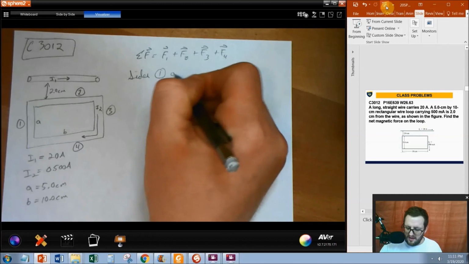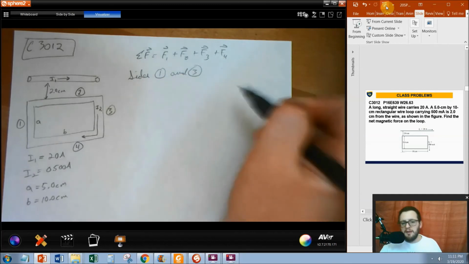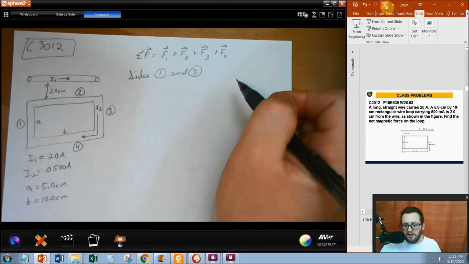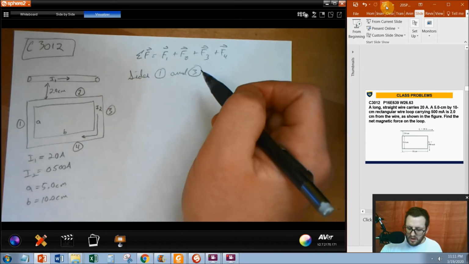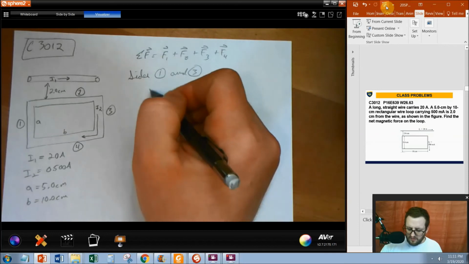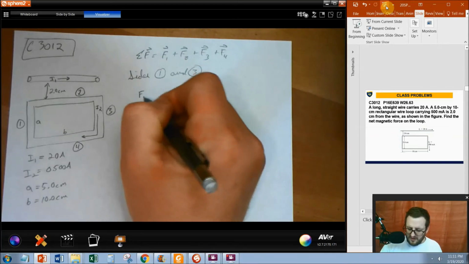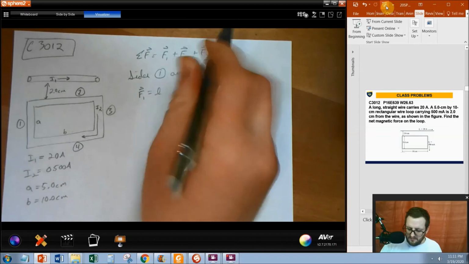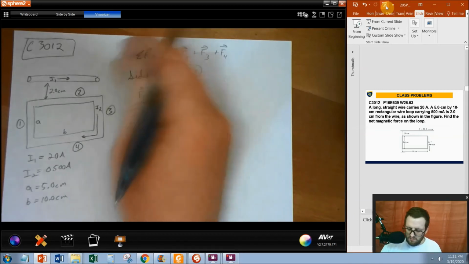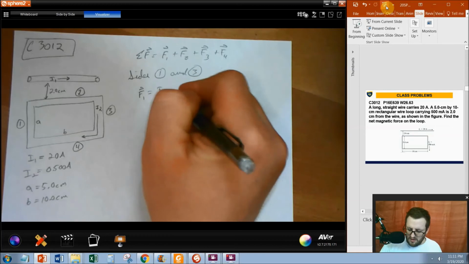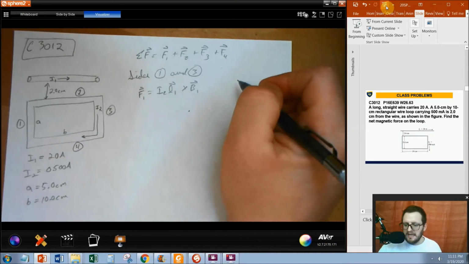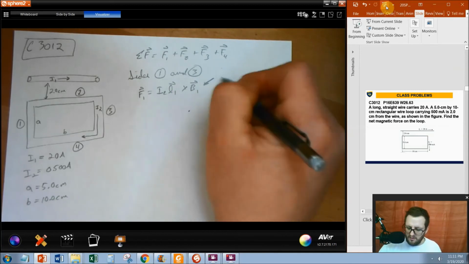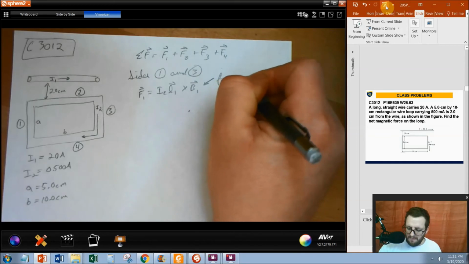So let's look at sides 1 and 3 first, because I have some knowledge going into this about those two sides. Let's look at side 1 first. The force on side 1 is I2 L1 cross B1, where I'm calling B1 the magnetic field from the straight wire.